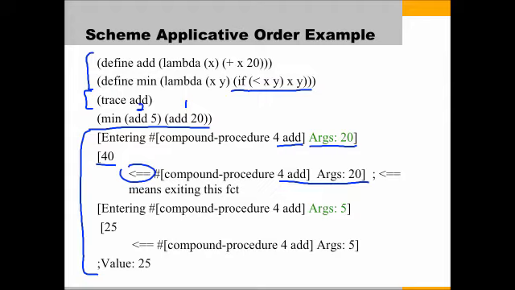So we're exiting this add 20, and it has the value 40. Next, we enter add with argument 5. It returns the value 25 and exits. And then you can see that the lesser of 25 and 40 is 25, thus giving the final output.